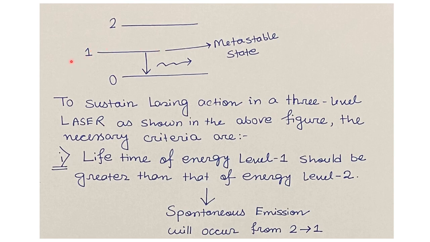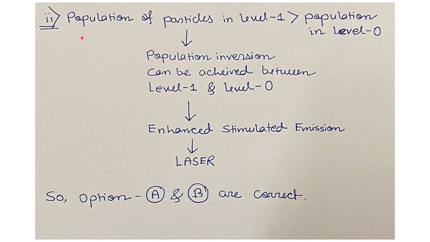So this criterion is required to have the second criterion, that is known as population inversion, that we will see in the next slide. The second criterion is that the population of the particles in the energy level 1 should be greater than the population of the particles in level 0, that is in the ground state.